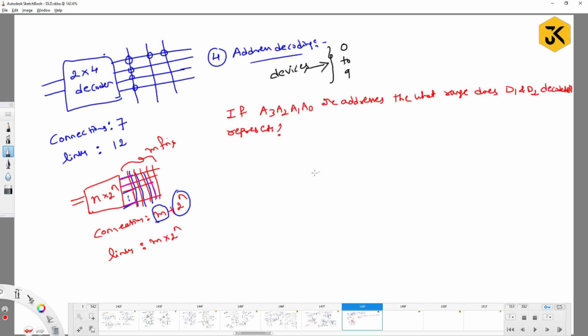And they have given a circuit here. The circuit will look like this. It's a kind of 2 by 4 decoder.